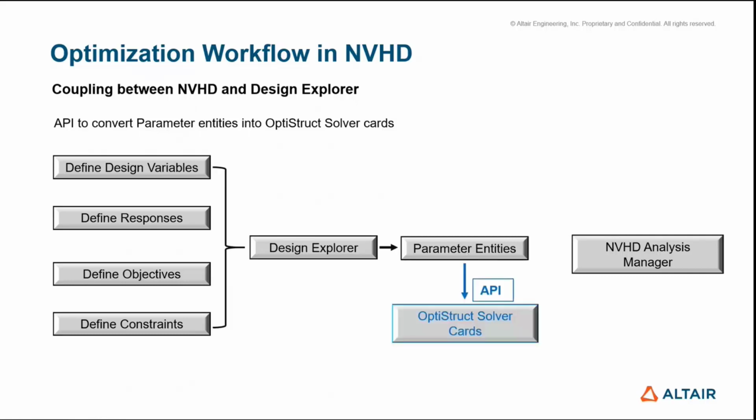These parameter entities are then converted into OptiStruct solver cards using the APIs from the Design Explorer team. These cards are given to NVHD Analysis Manager, and finally we write out the OptiStruct solver deck. This is how the NVHD and Design Explorer functionalities are integrated seamlessly.